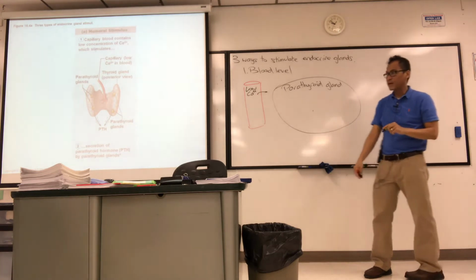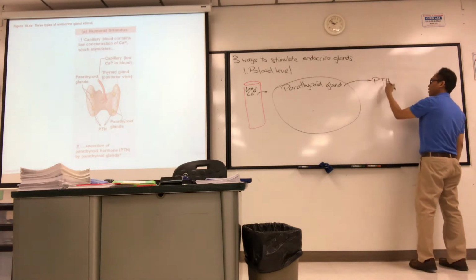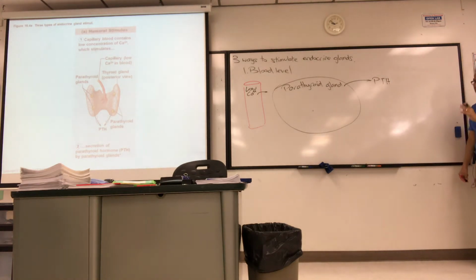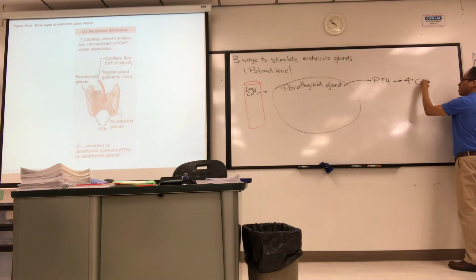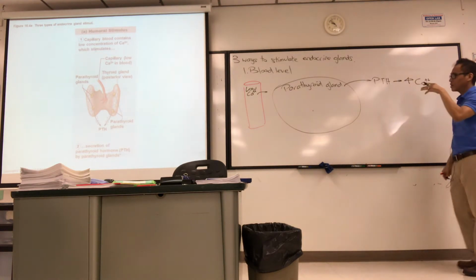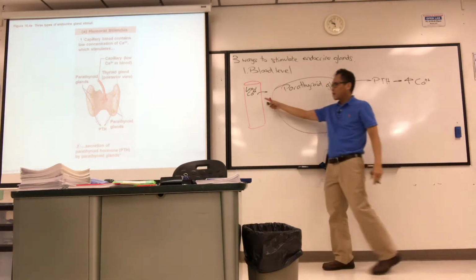On the figure, it's abbreviated PTH. It'll target some cells, I'll tell you later, but ultimately, if the imbalance was low calcium, the action of PTH is to raise calcium. I'll tell you how later. The point of this part of the lecture is what stimulated the parathyroid: a level in the blood.